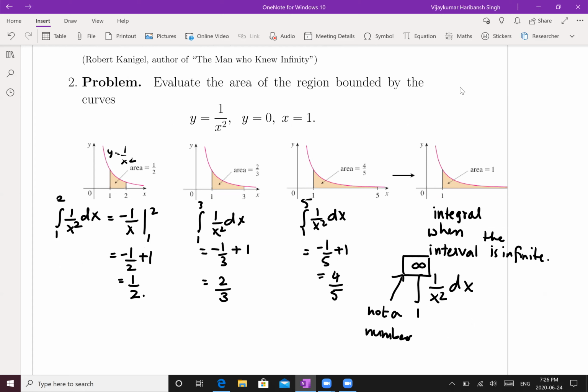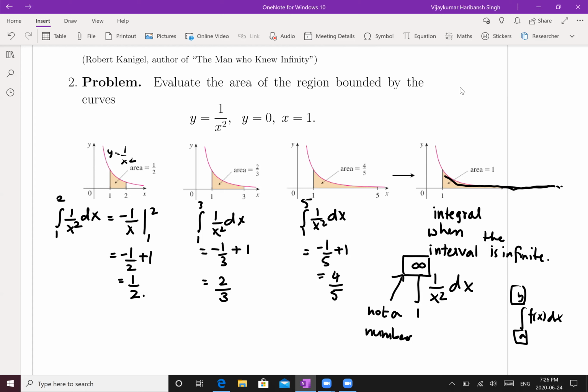Because until now, our integral is integral a to b f(x) dx, where a and b both are numbers, but infinity is not a number. So what do we mean by such a thing? Of course, intuitively it makes sense because we want our interval to keep on going forever. So what is this object?